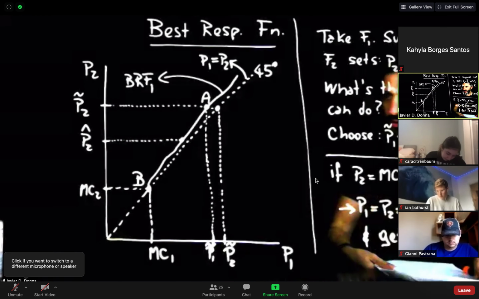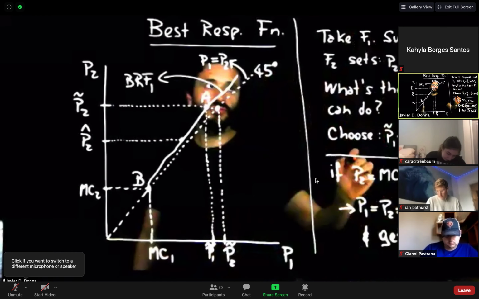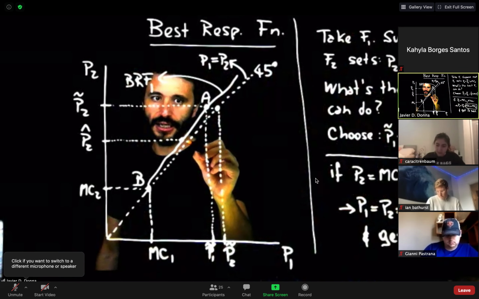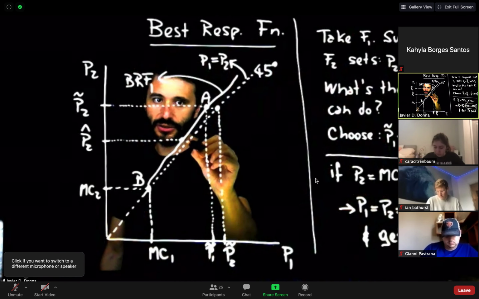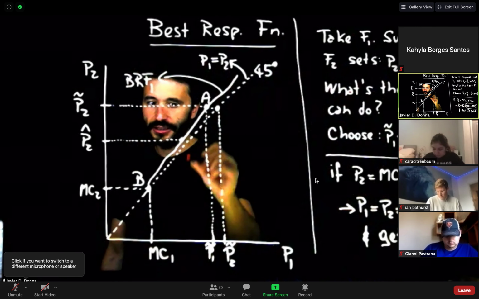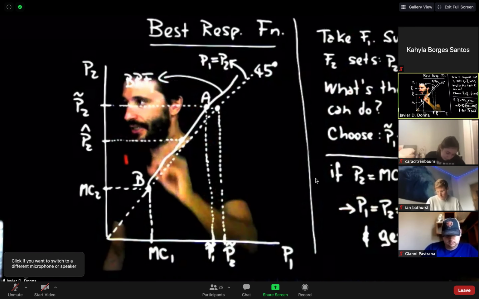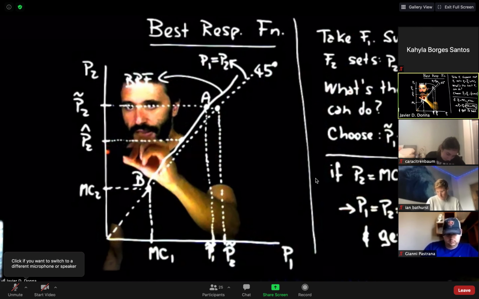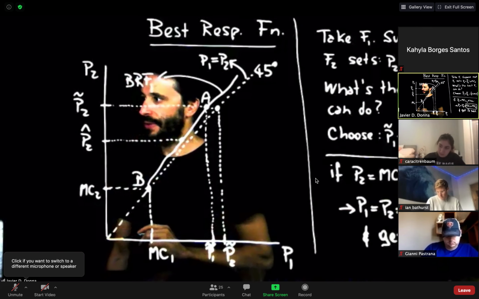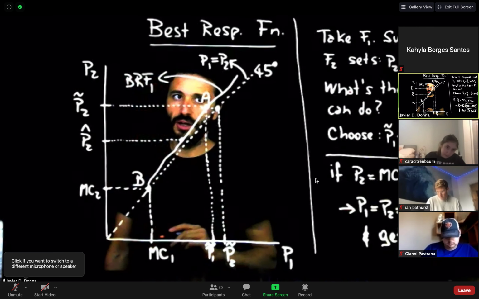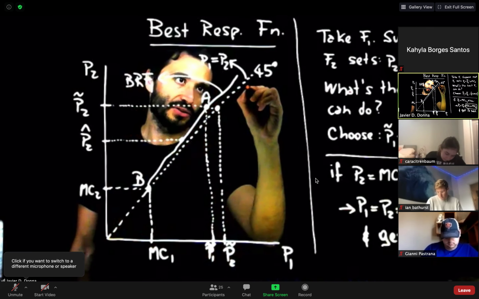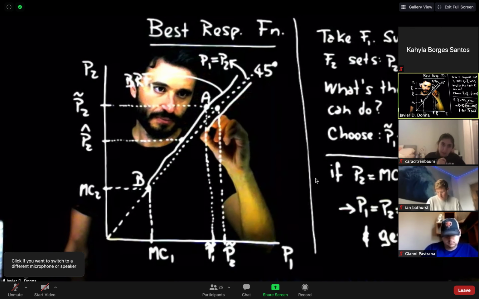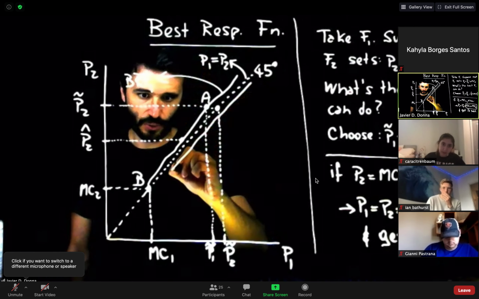Just mentioning, if we do the same with firm 2, then firm 2 will always want to set a price that is slightly below the P1 that firm 1 is setting. Okay, we can do the same thing. Start with P1 here, go to the 45-degree line, then firm 2 would like to set a price 1 cent below. So this means that the best response function of firm 2 is going to be something like this.